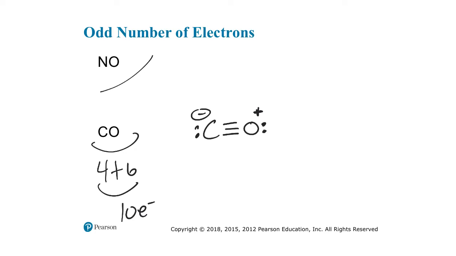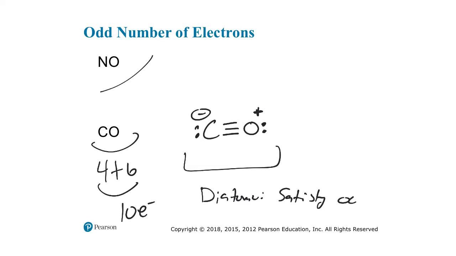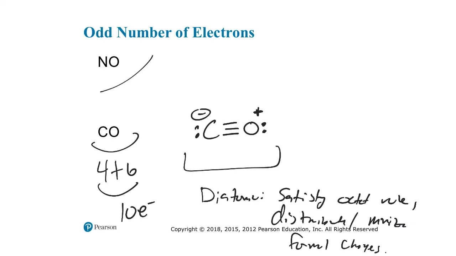So for diatomic molecules, we have to satisfy the octet rule, then distribute the charge, so we want to minimize the formal charges.